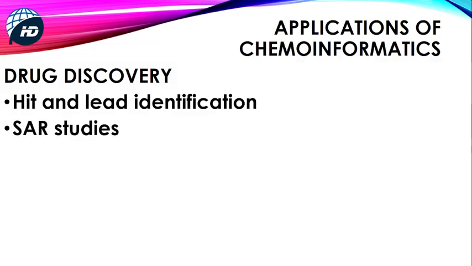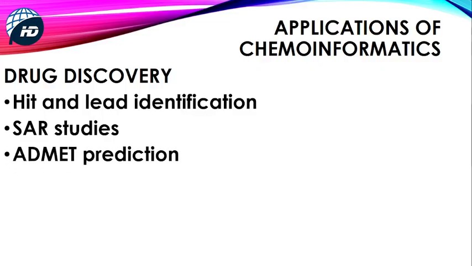We can use it in SAR studies. I've already explained these SAR studies. SAR means structure activity relationship, whereby we have the knowledge that similar structures can exhibit similar properties. So we can do that using SAR studies with our chemoinformatics.